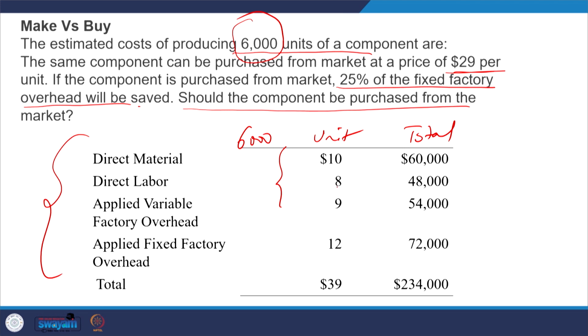Direct labor is 8, again in dollars. So, 8 into 6,000 is 48,000, this is 60,000, 9 sixes are 54,000, 12 sixes are 72,000, right. So, if you look at it, the total per unit is $39, which makes $2,34,000 as the total cost for 6,000 units.